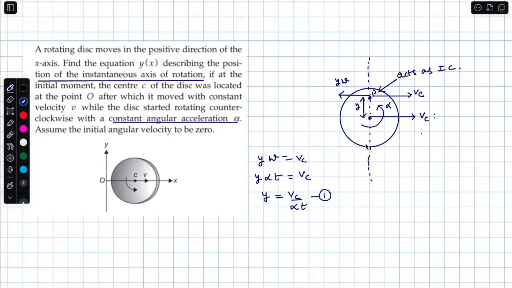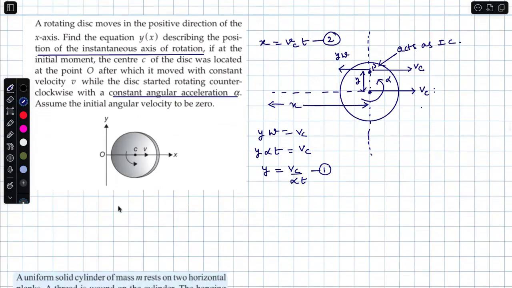Agreed? And the center is moving with constant velocity actually. At an instant, it is at x. So clearly, x is equal to Vct, equation 2. Now from 1 and 2, y is Vc by alpha t, x is Vct.